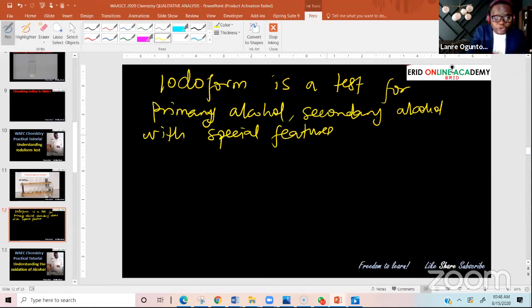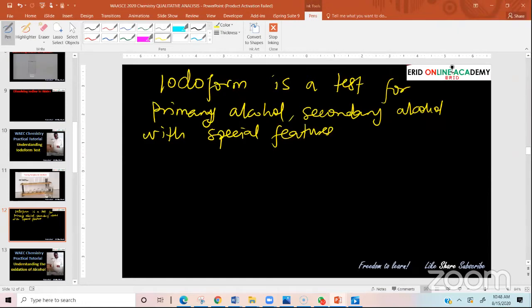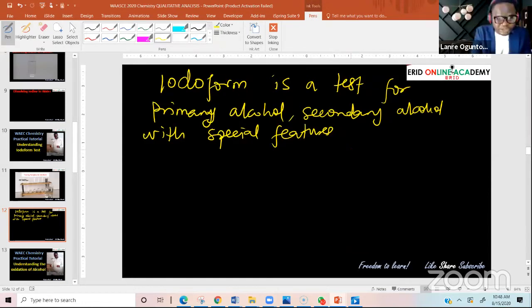For example, I want to believe that you know the types of alcohol that we have. How many types of alcohols do we have? Primary, secondary, and tertiary. Thank you.